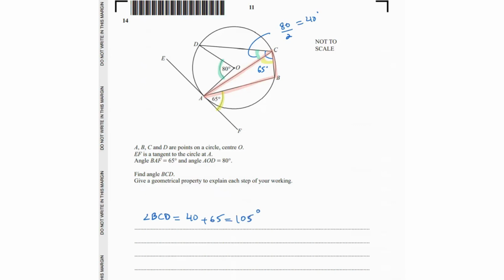So now we write the reason for this. So first reason, angle ACB equals 65 because of alternate segment theorem.